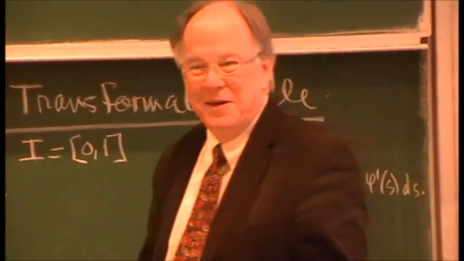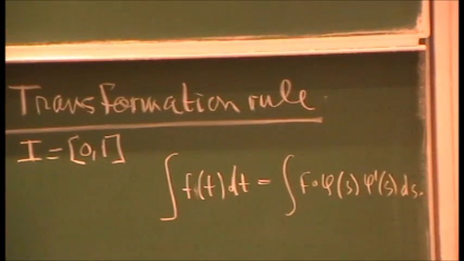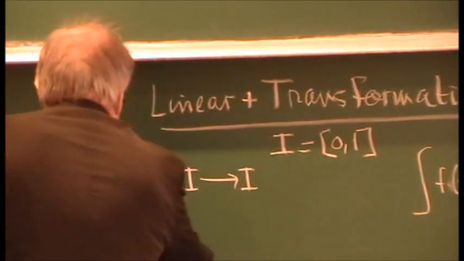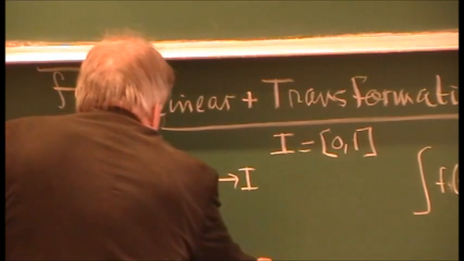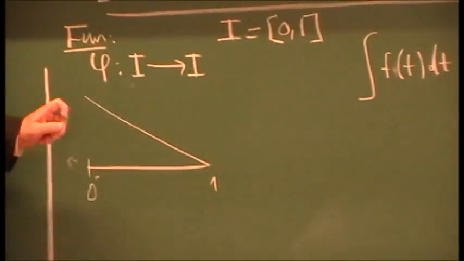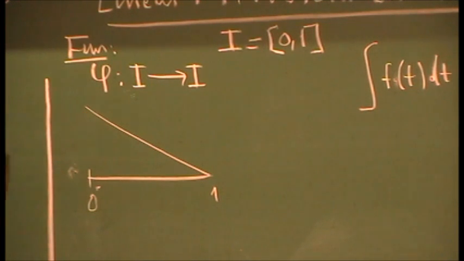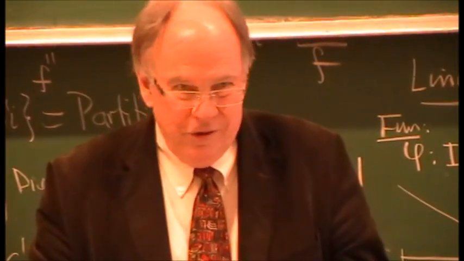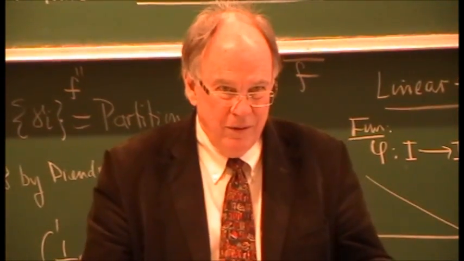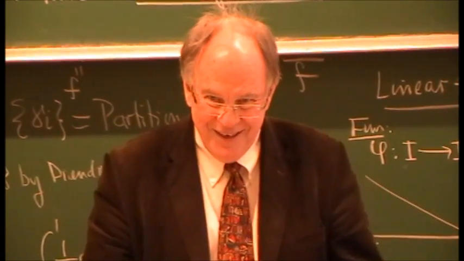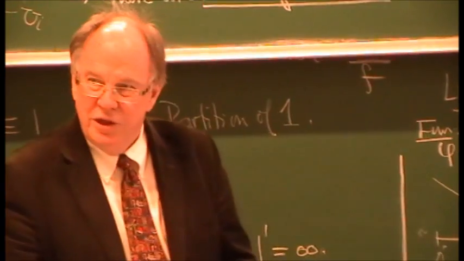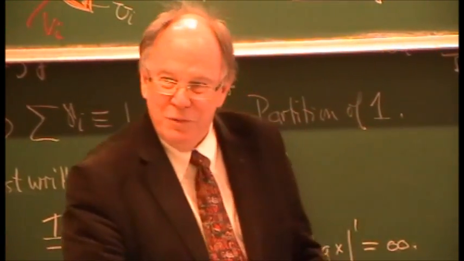Then one forgets that one has made a mistake, because this change of variables from 0 to 1 maps 1 to 0 and 0 to 1. It could be like this, and now you have to change the integral around and make a sign change. You know all this, because you do this in 8th grade, and I've made many sign mistakes in my life.